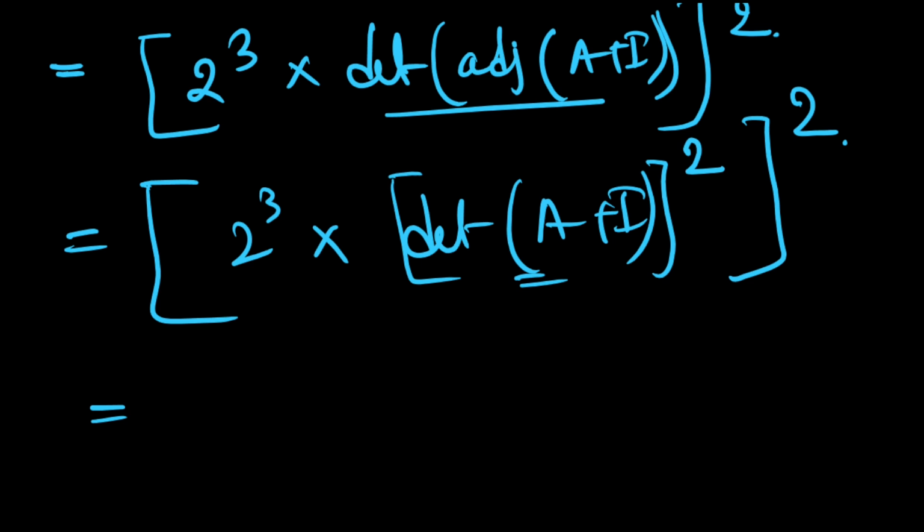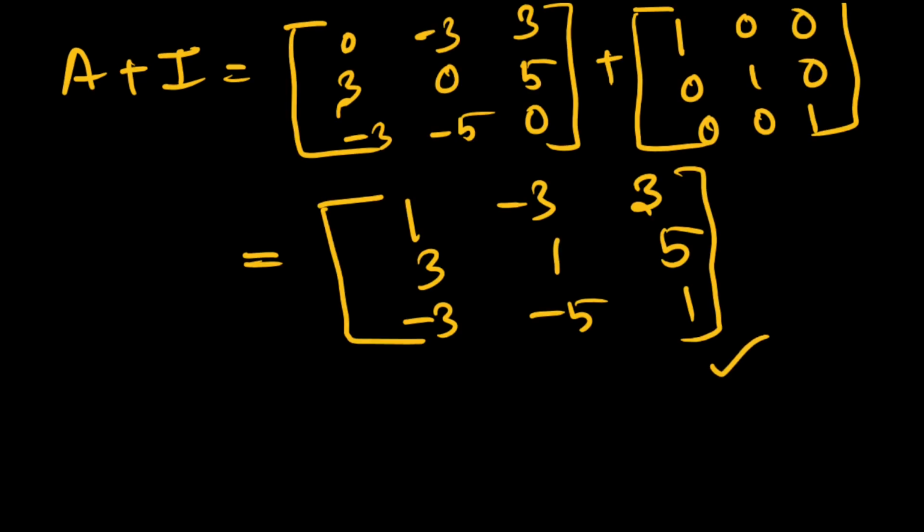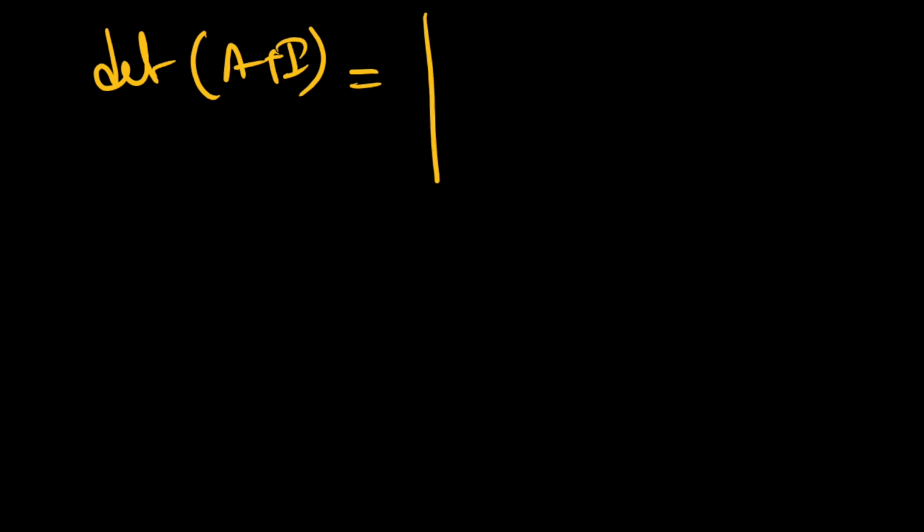Here n is equal to 3. So first we find the determinant of A plus I. Previously we found the value of this matrix A plus I, so we find the determinant value of 1 minus 3 3, 3 1 5, minus 3 minus 5 1.